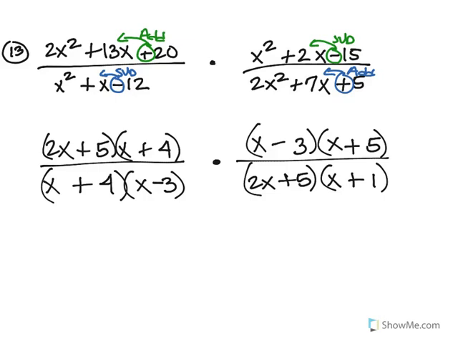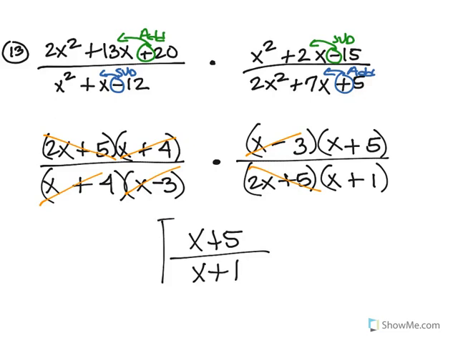Now who cancels? 2x + 5, x - 3, x + 4, good. So we're left with (x + 5)/(x + 1). Yeah, I see that.